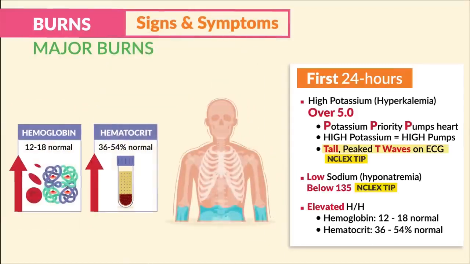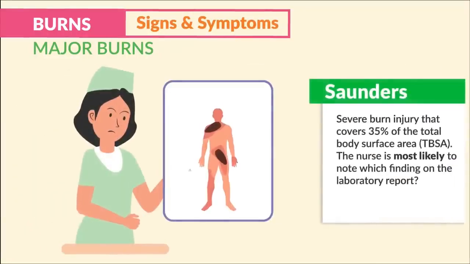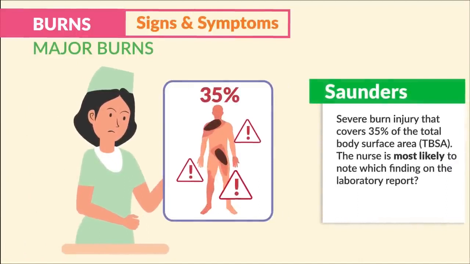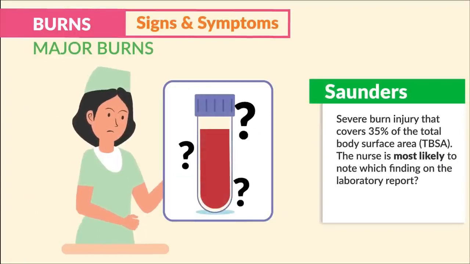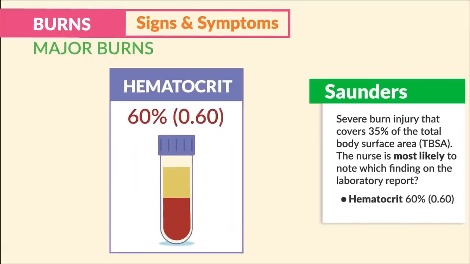So that's why we see an H&H that is high when the body is dry. Now Saunders mentions, severe burn injury that covers 35% of the total body surface area. The nurse is most likely to note which finding on the laboratory report. A hematocrit of 60%. Yes, that is elevated, indicating hemoconcentration.